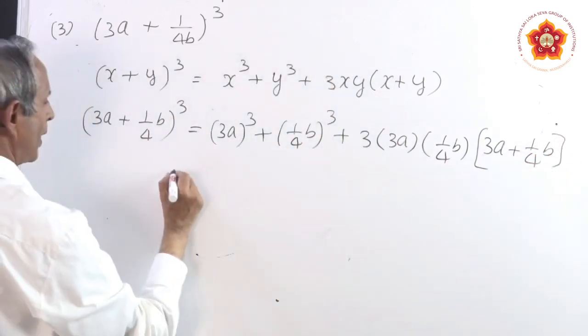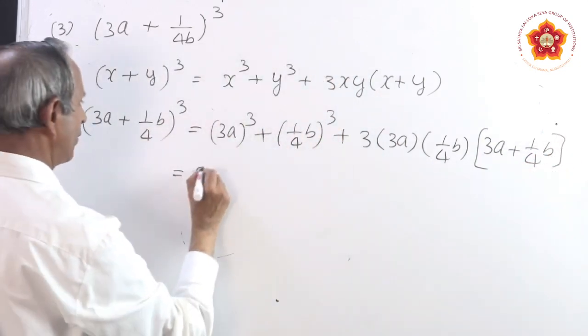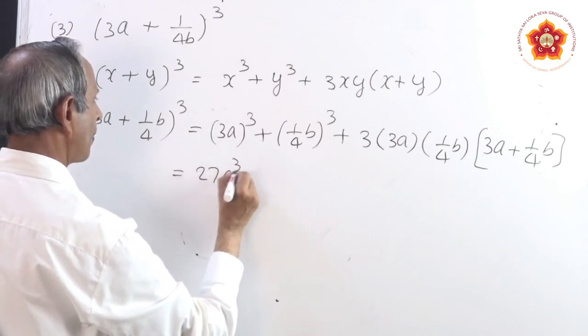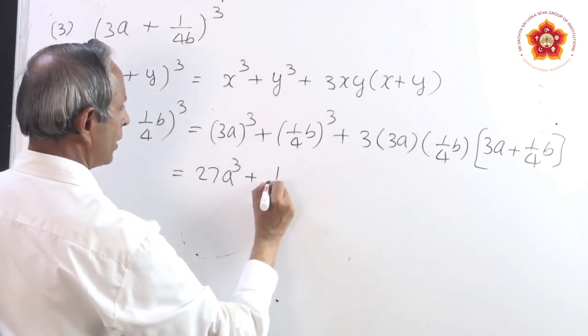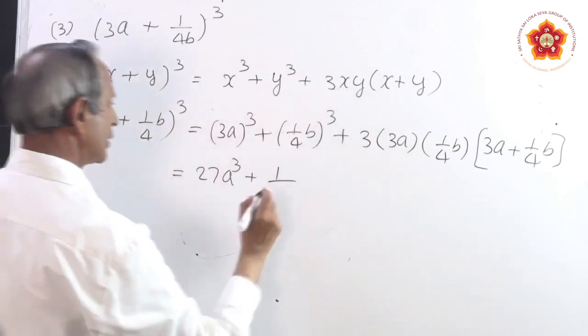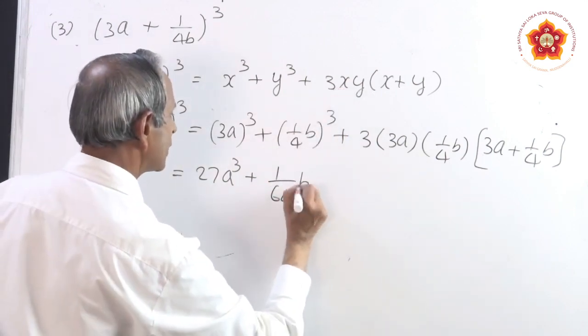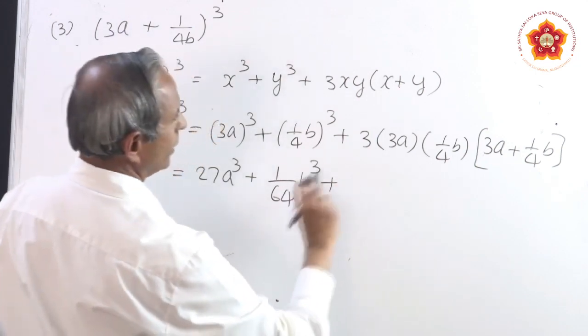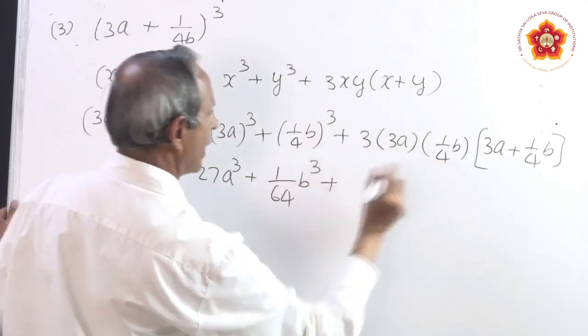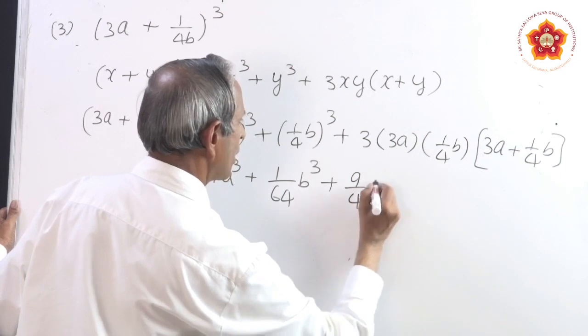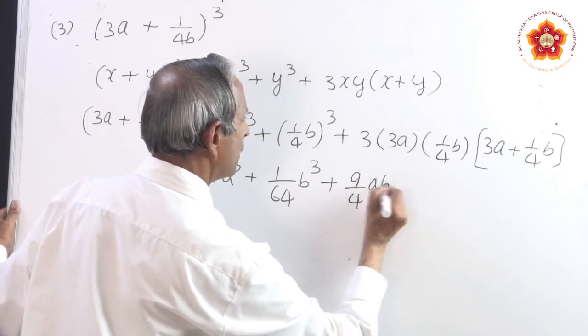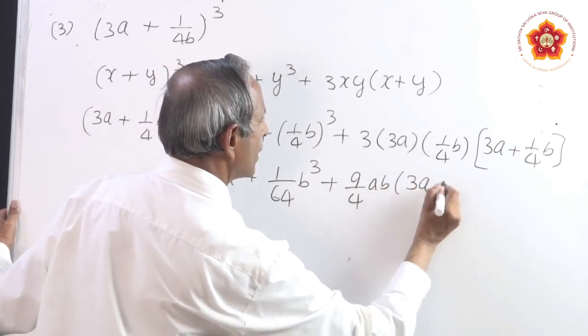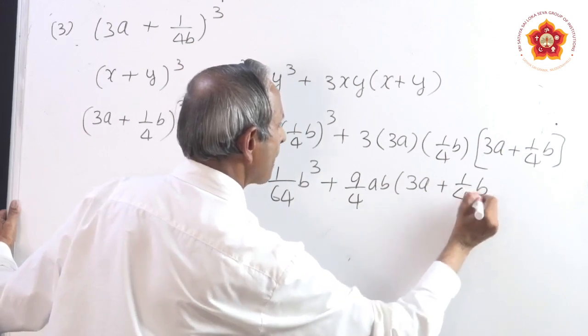Now let us simplify. 3 cube means 27, you will get 27 a cube plus 1 upon 4 cube, which means 64, so you will get 1 by 64 b cube. Now plus 3 into 3 is 9, so 9 by 4 ab into 3a plus 1 by 4 b.